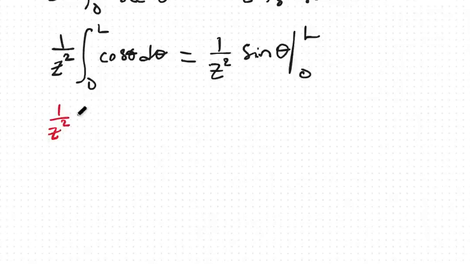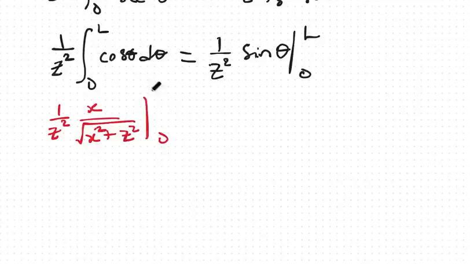Sine theta, we saw it to be x divided by the square root of x squared plus z squared. So within the limit of 0 to L.